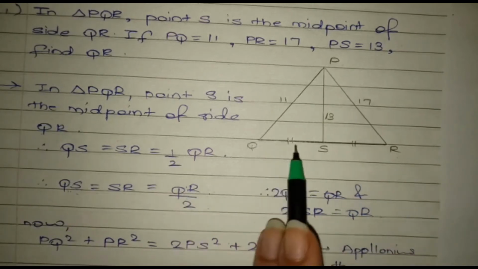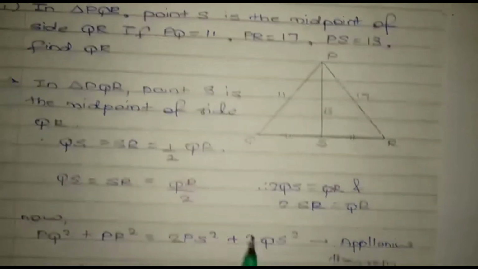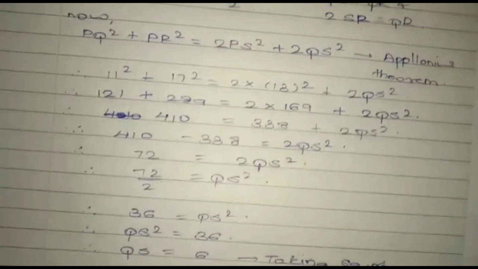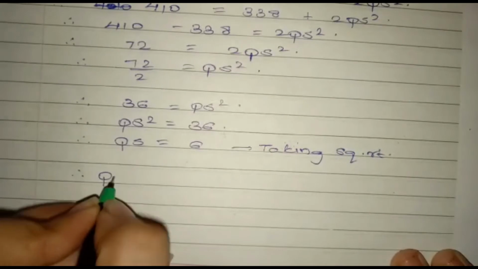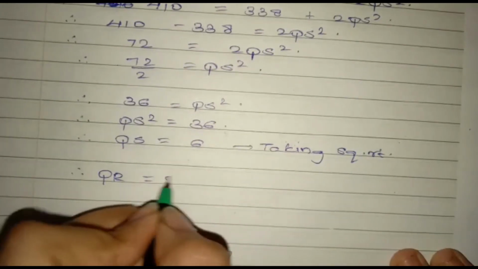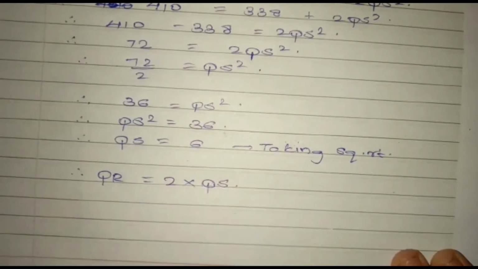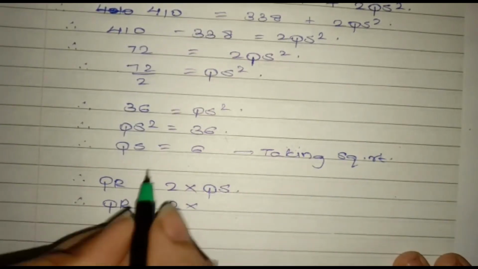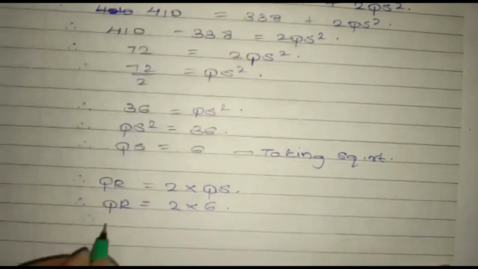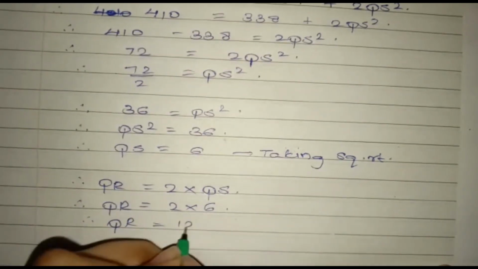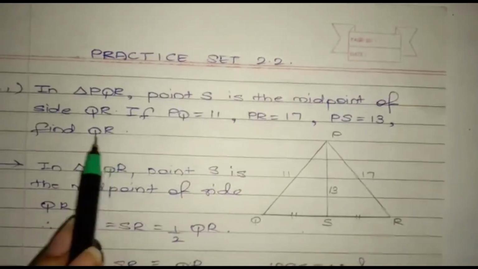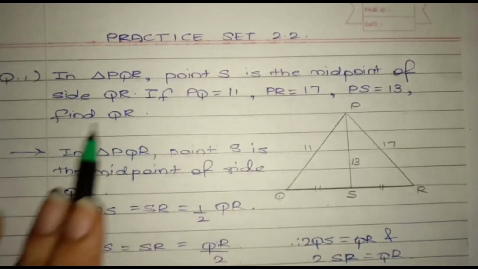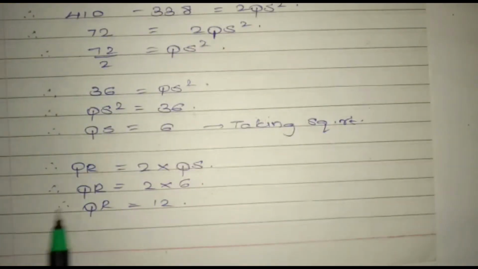So 2QS gives us QR. We got QS as 6. Therefore QR is equal to 2 into QS, which is 2 into 6. Therefore QR is equal to 12. We got what we wanted: we had to find out QR, and we got QR as 12.